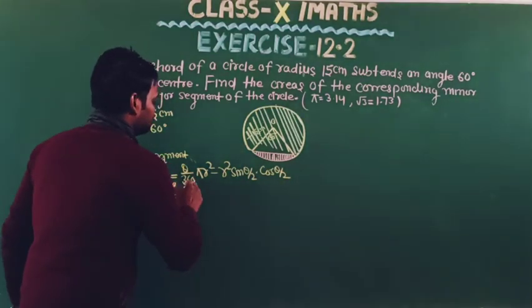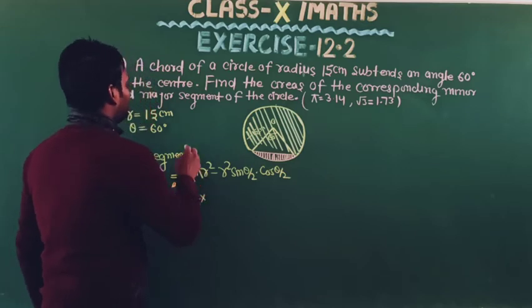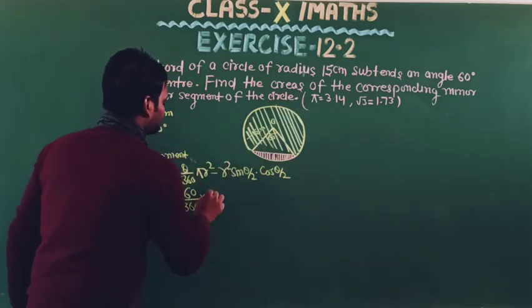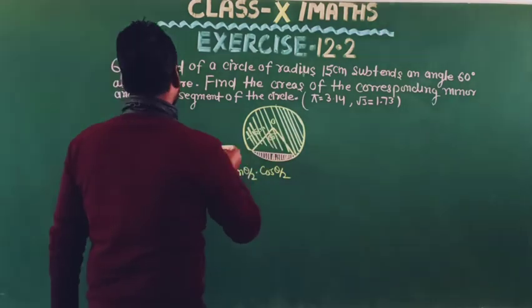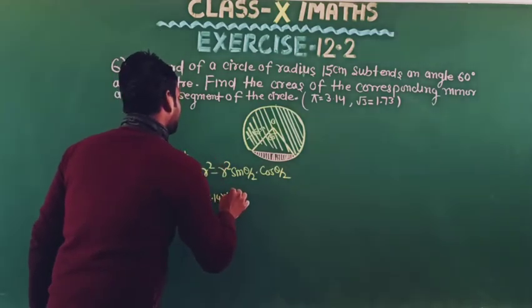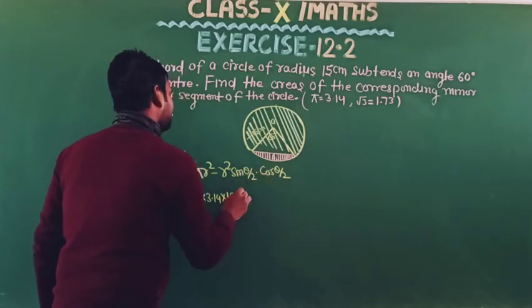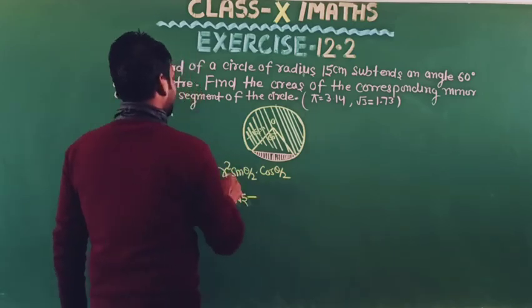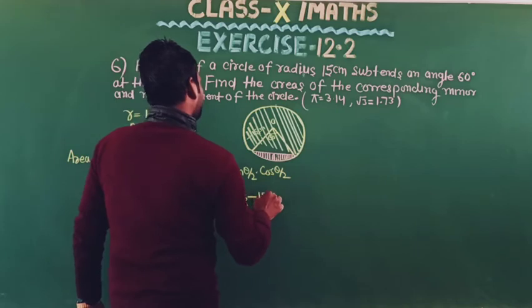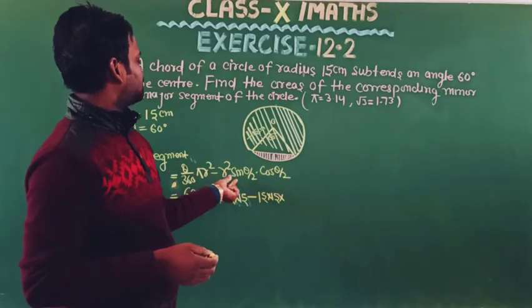So this expression becomes 60 degrees upon 360 into the value of pi, here we use 3.14, into radius r, which is 15 centimeter, so 15 into 15, minus again r square, 15 into 15, and this is sin theta by 2.